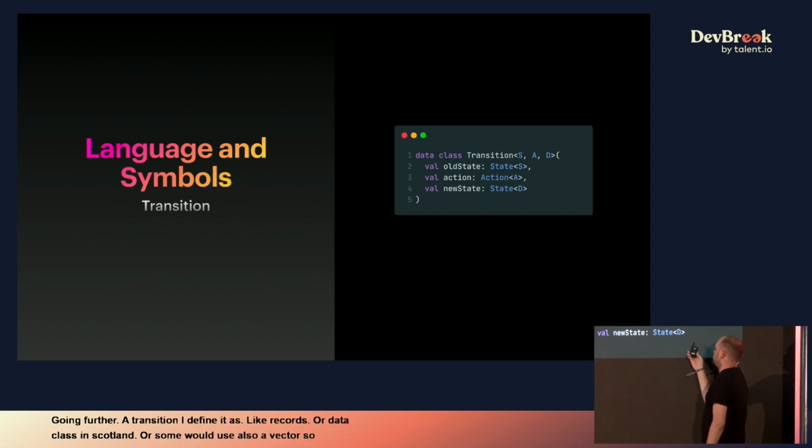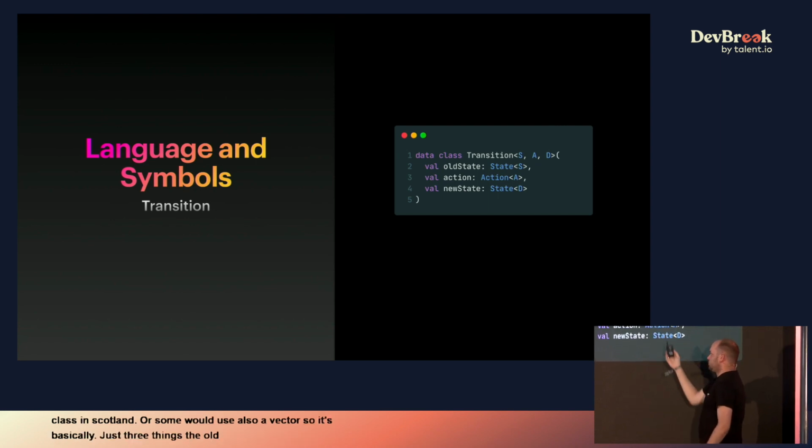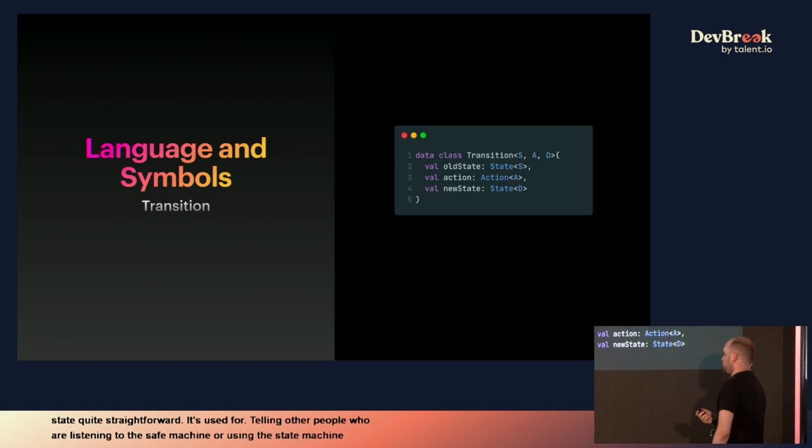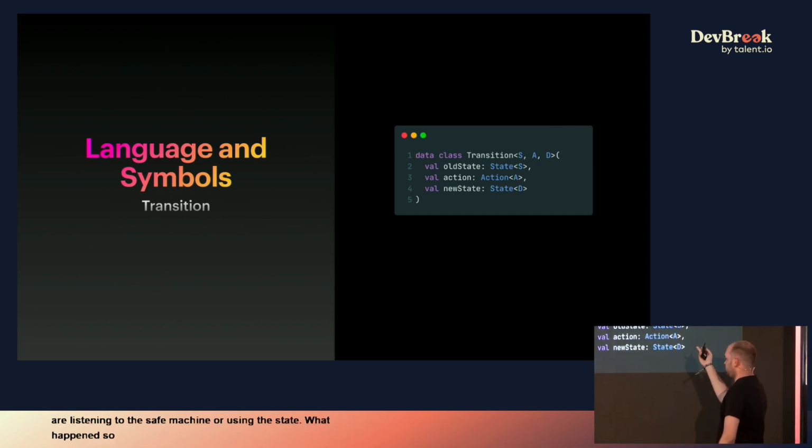So it's basically just 3 things: the old state, the action, and the new state. It's quite straightforward. It's used for telling other people who are listening to the state machine or using the state machine what happened. So something went from the old state to the new state, and why it happened, because of the action.